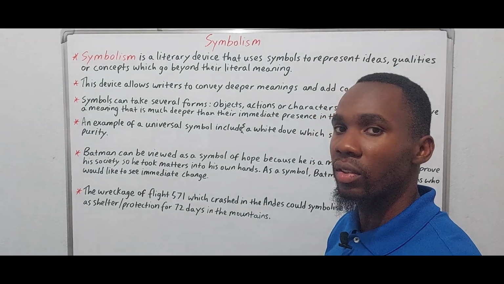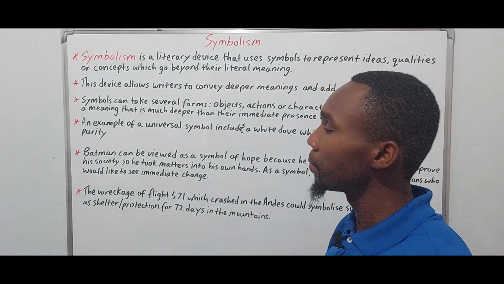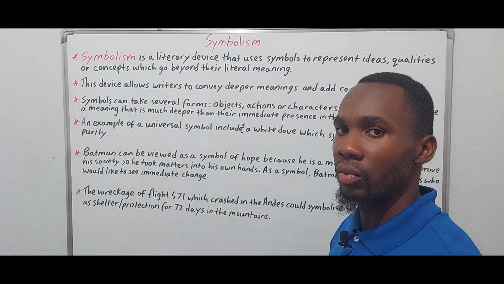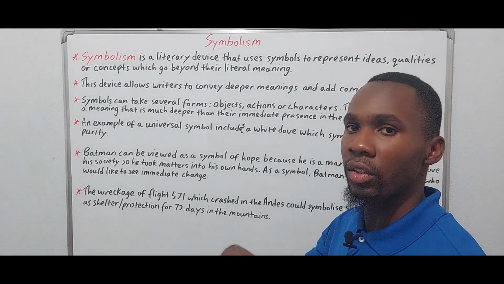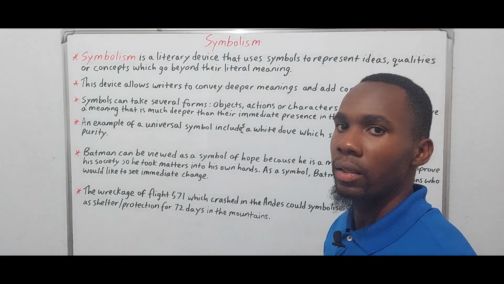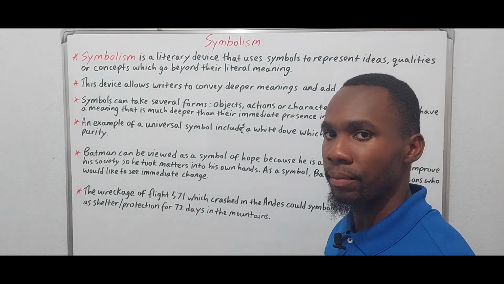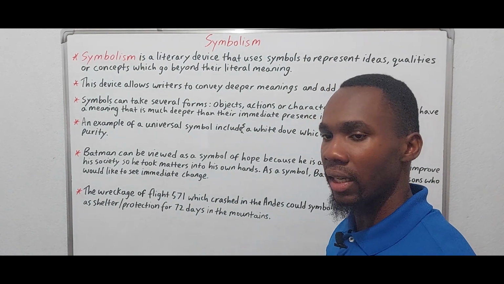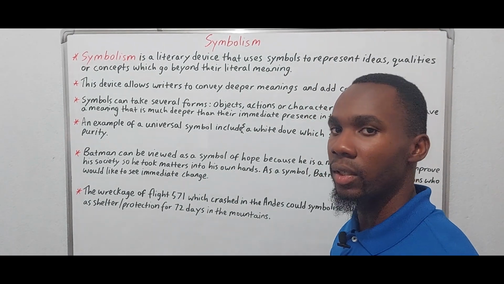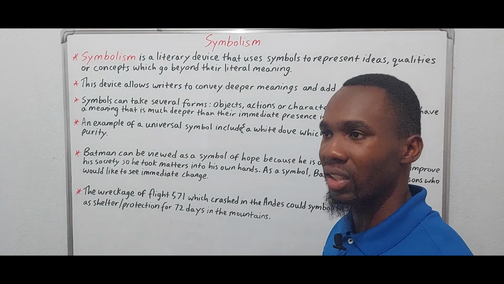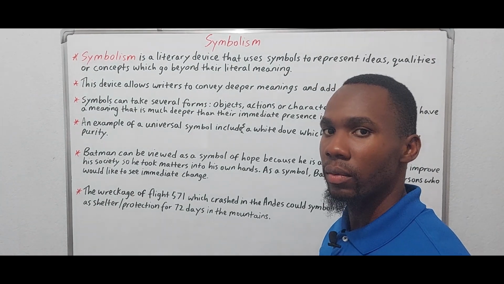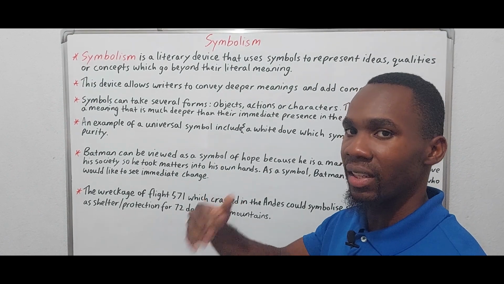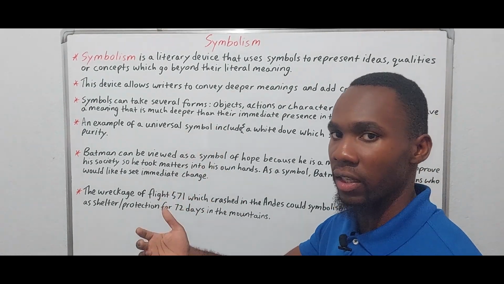That could be a person or a thing, okay? And that entity is going to take on, or is going to represent, an abstraction. That could be an idea, a concept, an emotion, what have you, right? But it's going to be used to represent something more significant.